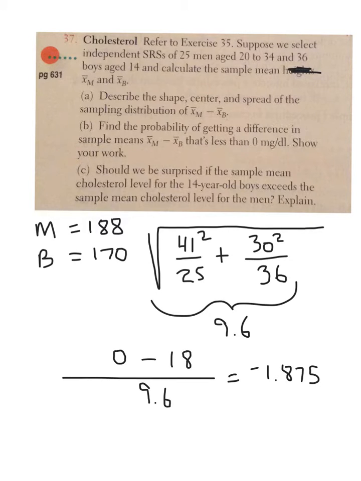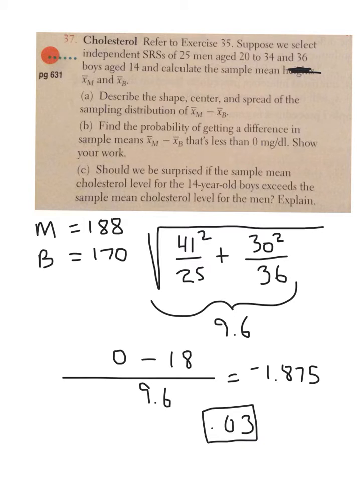I didn't forget the negative sign this time, so here's our z-score, and we're going to do normal CDF. We're not going to subtract it from 1 because we want to see if it's lower than 0. When I do that, I get a value of 0.03. That is the probability that that would happen.